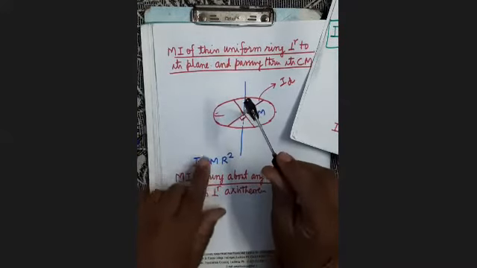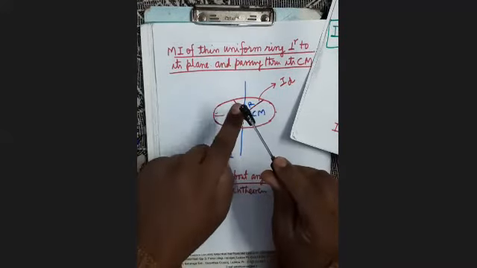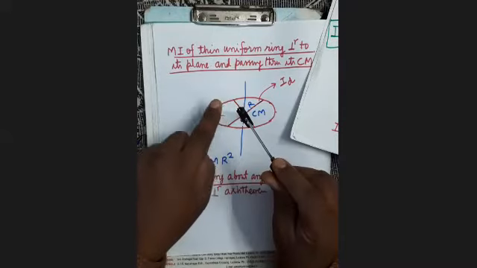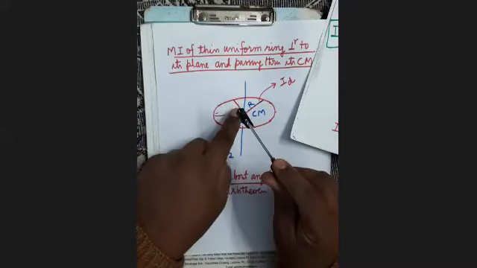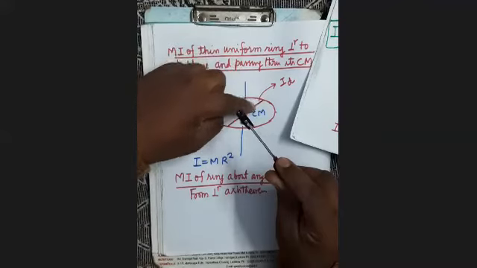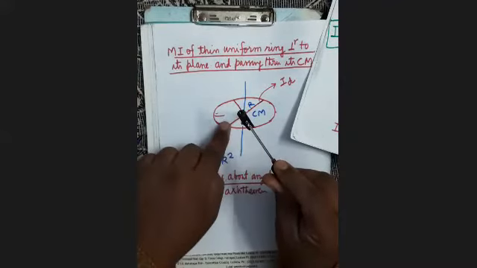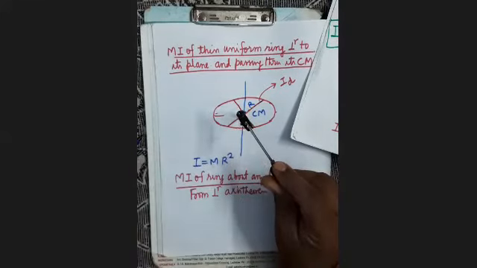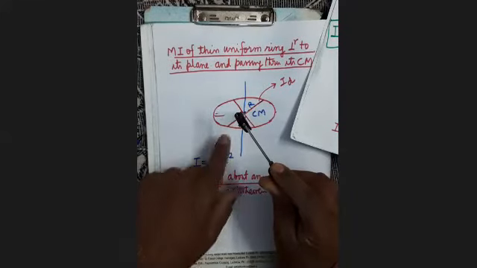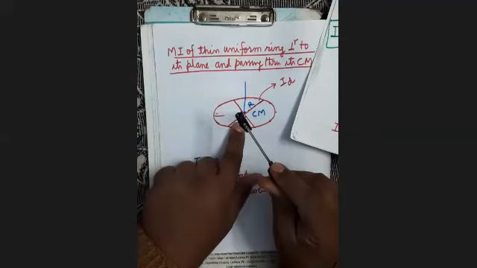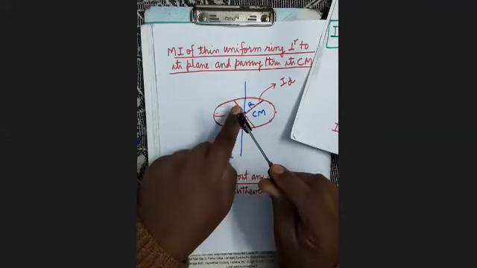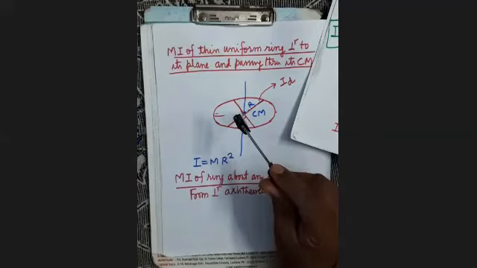This is the perpendicular axis. Moment of inertia about this will be equal to the moment of inertia about this axis plus the moment of inertia about this axis. These two axes are lying on the plane of the lamina, perpendicular to each other, and they intersect at the point where this perpendicular axis meets the lamina.